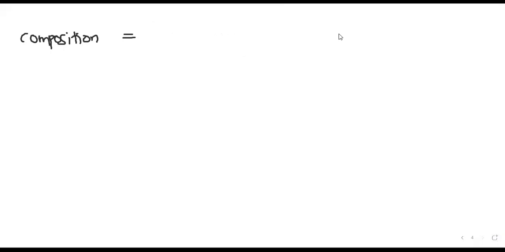So here we're going to indicate the composition as moles over volume.